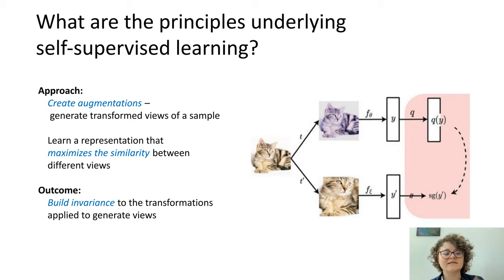And so as I outline here, the approach is to create augmentations, pass them through, and try to maximize similarity. The intuition behind that is if we give the neural network really diverse views of something with the same underlying semantics and we can learn a representation in this way, then we can get rid of all of the other nuisance variables or other sources of variability that aren't essential to the underlying task, which in this case would be to recognize cats from dogs or other images.